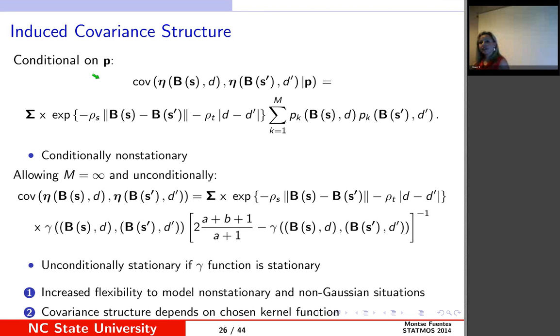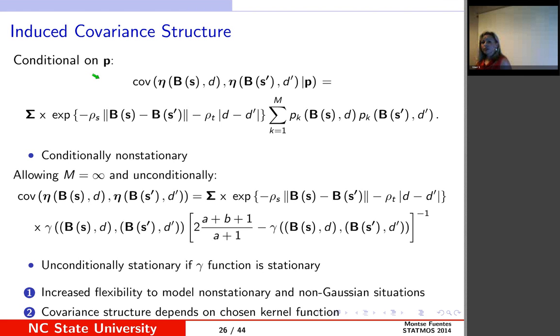At the end, the type of dependence that we have, if we look at the conditional dependence, and I just want to emphasize this without going into all the technicality, is going to be in general non-separable and in general non-stationary.